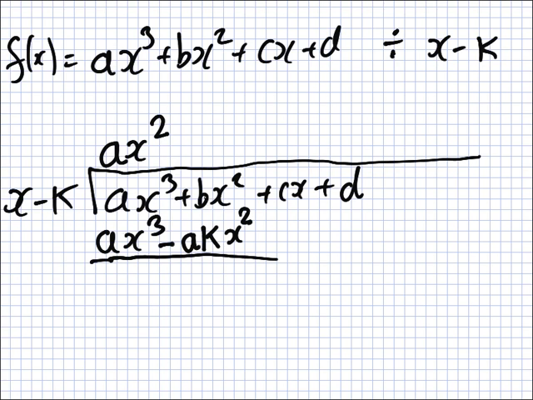Here, the b and the ak add because they're coefficients of x squared. For example, if this was a 2 and a 3, then it would become 5. So it would be (b plus ak)x squared plus cx plus d.